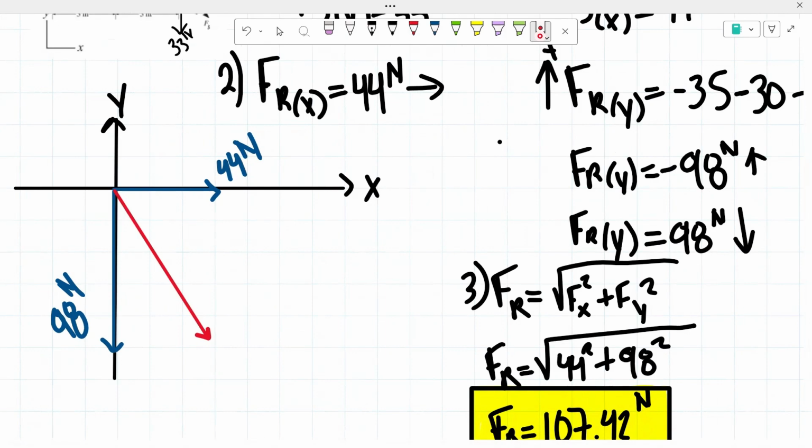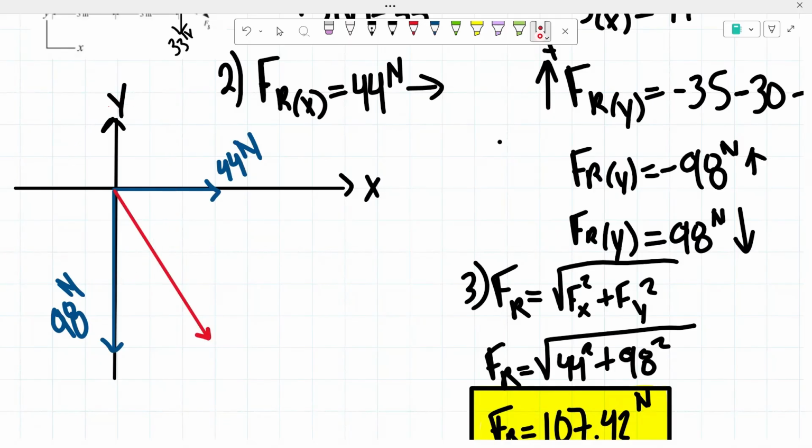Finding it counterclockwise would just take one more step, because first you find this angle right here. If you're trying to find it clockwise, then you would just put that it's that angle going clockwise from the positive x-axis. But if you're trying to find it counterclockwise, you take the angle that you found and subtract it from the total 360.